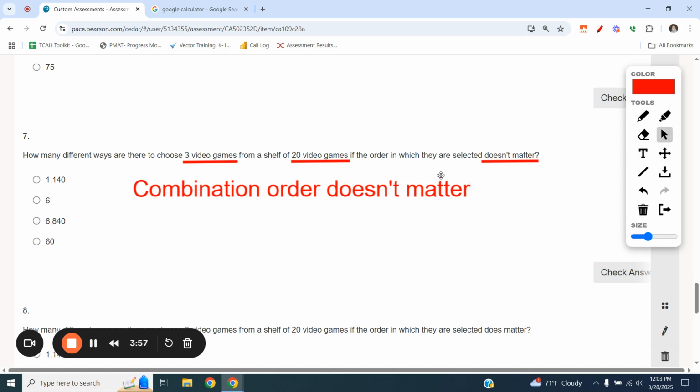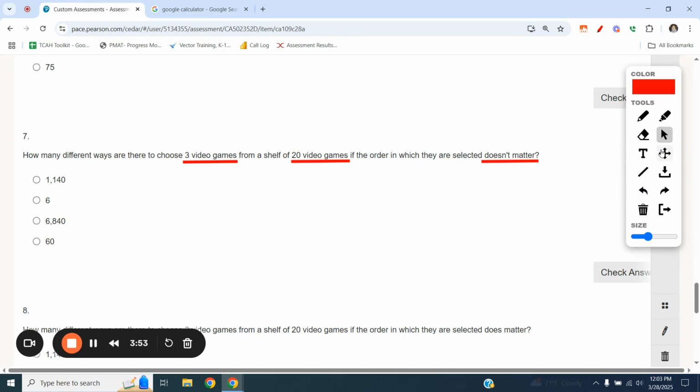And so I will go ahead and type out our formula and we will talk about that. So for a combination where order doesn't matter, the formula that we use is n factorial over r factorial times n minus r factorial.